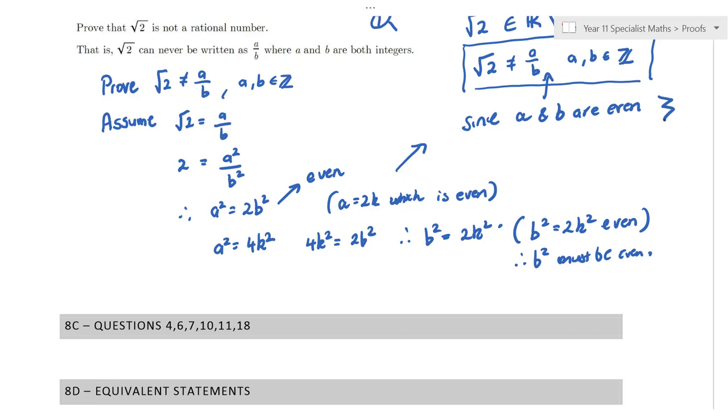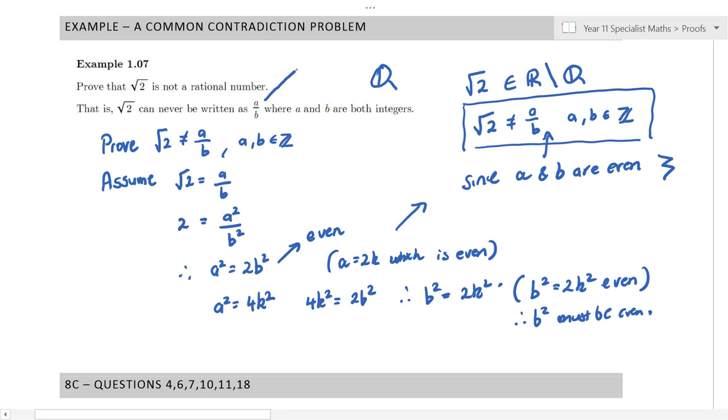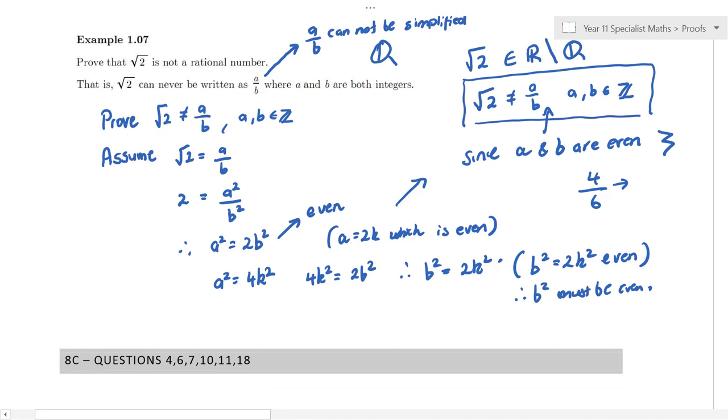This contradicts our assumption that the fraction A over B cannot be simplified. The whole point is that A over B cannot be simplified. If I have even numbers, 4 and 6, can that be simplified? Yes.